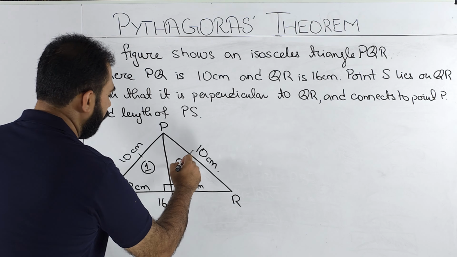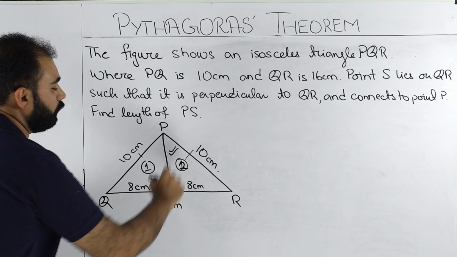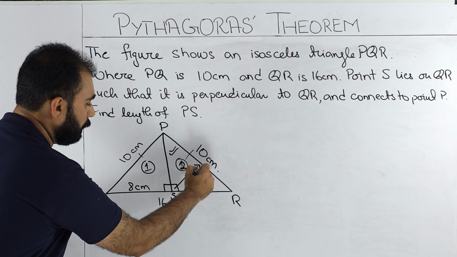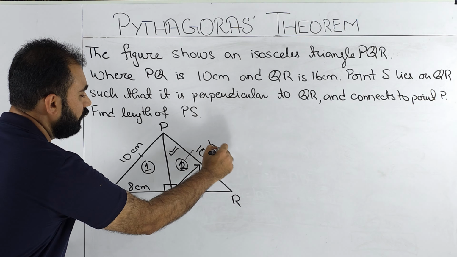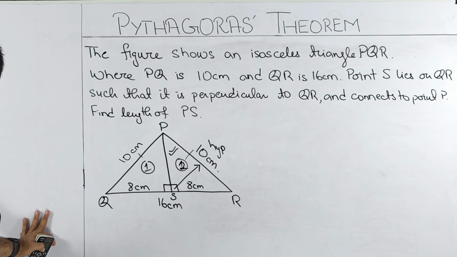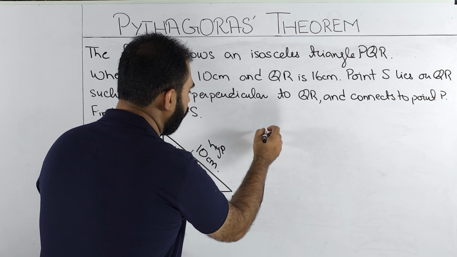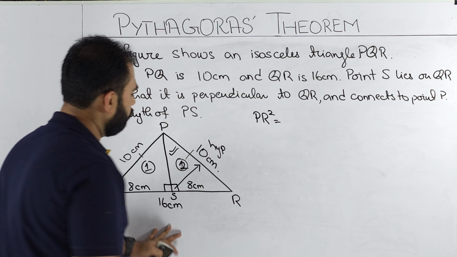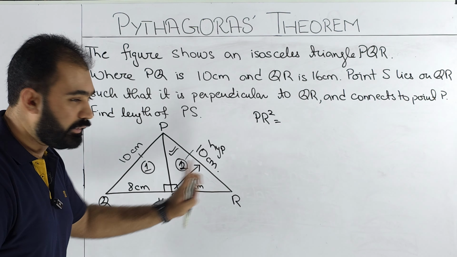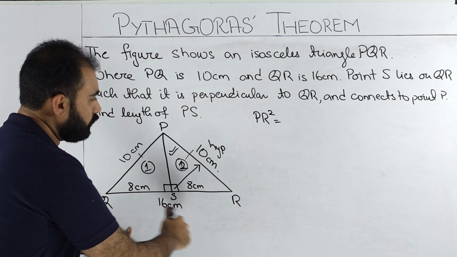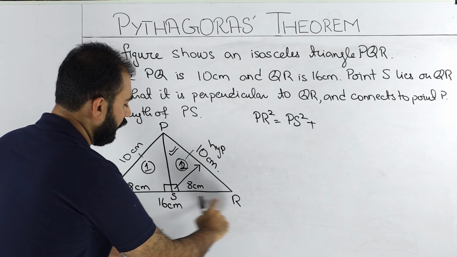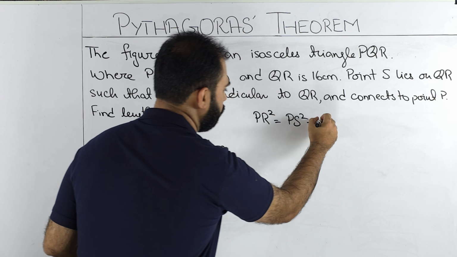Suppose we use this triangle. This is 90 degree. That makes PR the hypotenuse. So according to the theorem, PR square is equals to PS square plus SR or RS square.